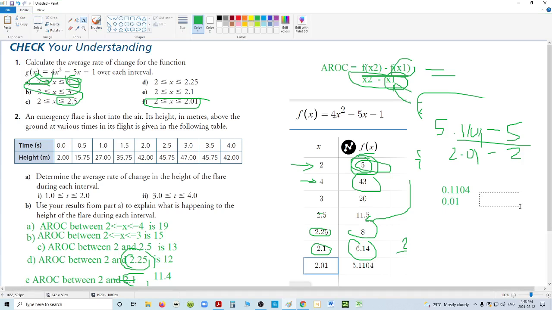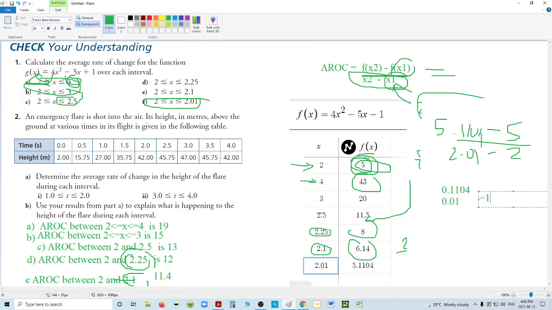And you're going to discover this is the same as 11.04. Which means finally, as I got really small here, the rate of change between x of 2 and x of 2.01 was 11.04.